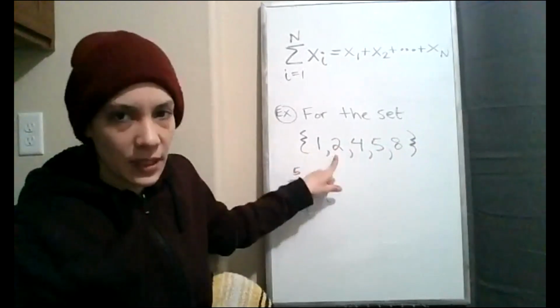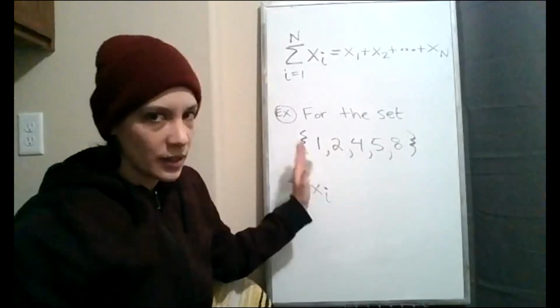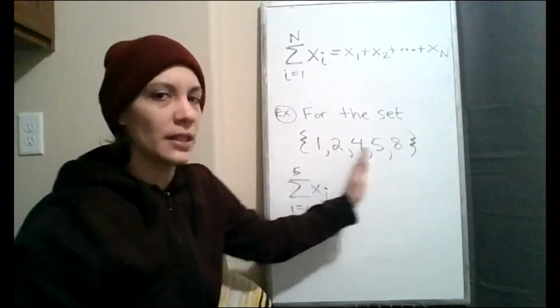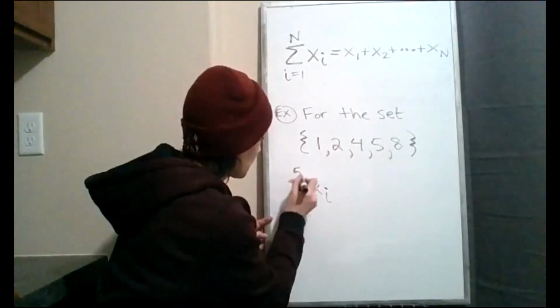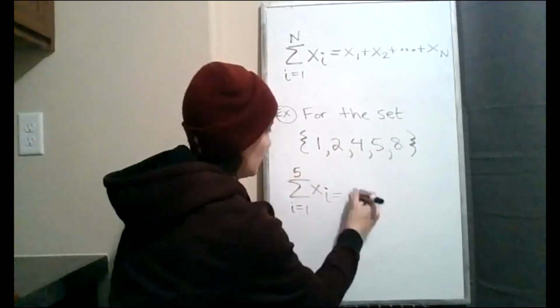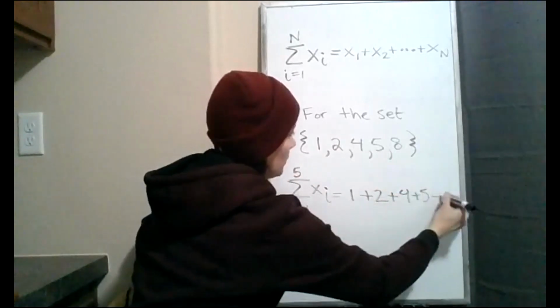So this is x1, x2, x3, x4, x5. It doesn't matter what order they're in, just as long as you pick one to start and then you go down the list, get each value. So we want 1 plus 2 plus 4 plus 5 plus 8.